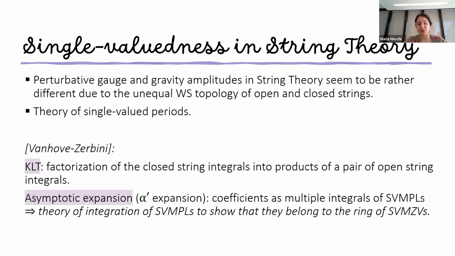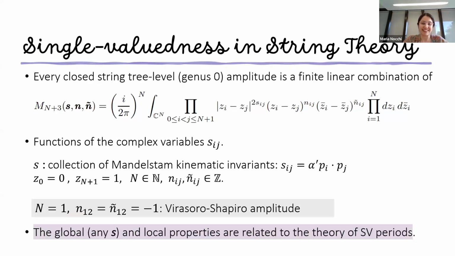And just to give you some intuition behind that, in principle you would expect perturbative gauge and gravity amplitudes in string theory to be very different due to the unequal worldsheet topology of open and closed strings. But in particular, what you can see is that, as I was saying before, a closed string tree-level amplitude is intrinsically related to a correlator in a CFT because the 2D CFT lives on the worldsheet.